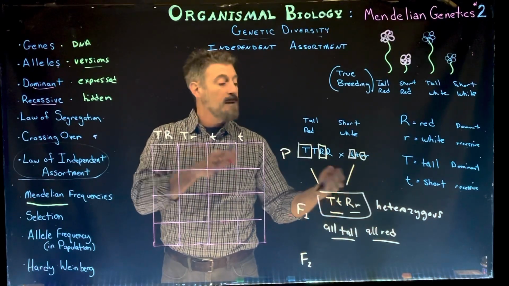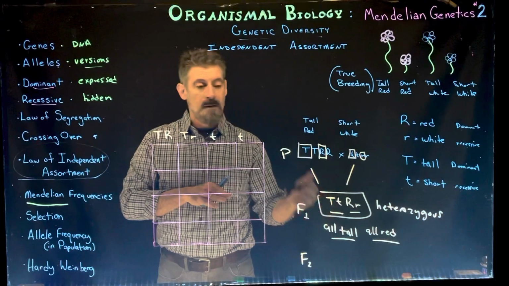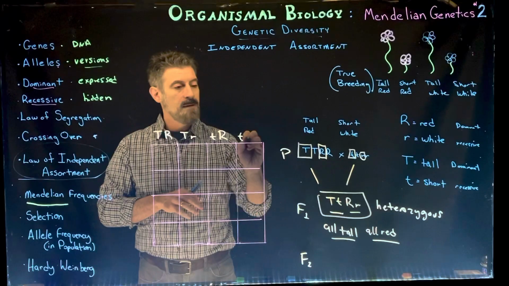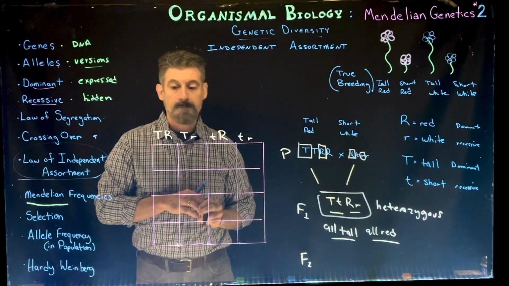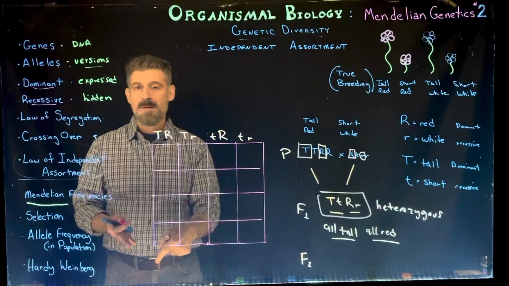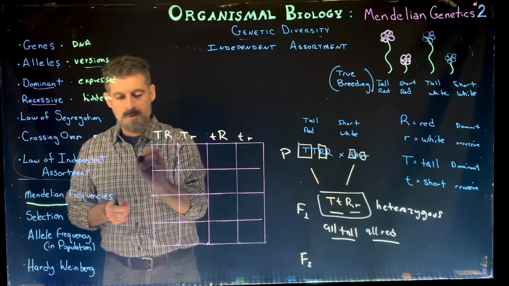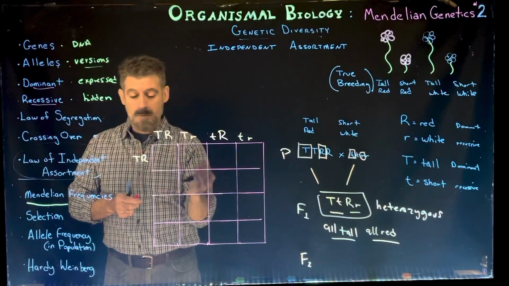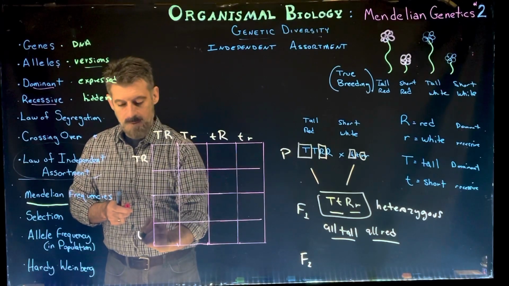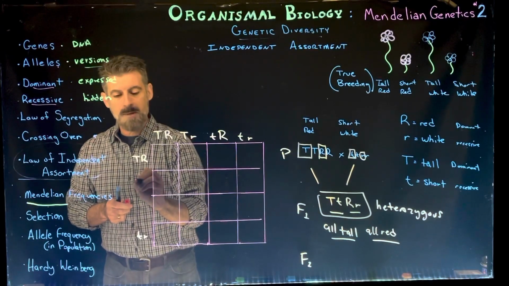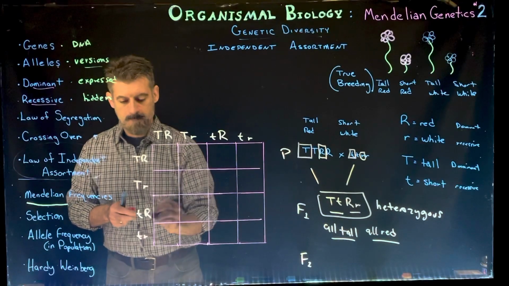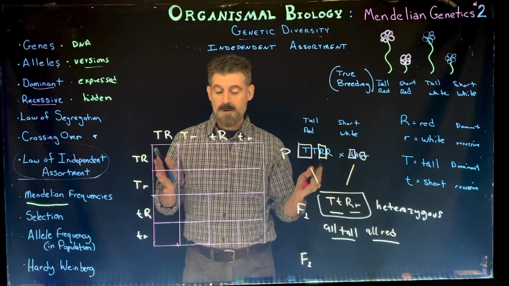Then when it comes to the color of the flowers, it could still give the dominant red, or it could give the recessive white. And then the other individual that it's mated with has all the same options. So it can be homozygous, where both are dominant, it can give both recessive, or it could have combinations of the dominant with the recessive for the two different genes.